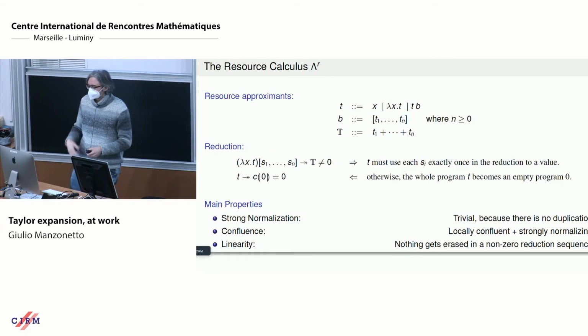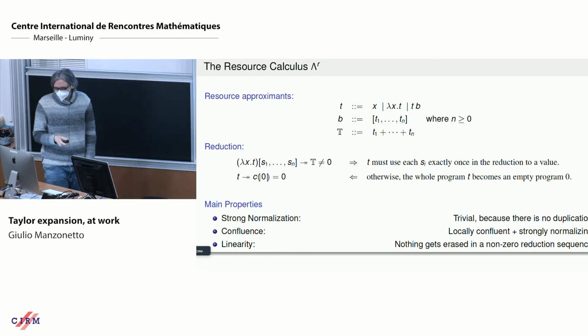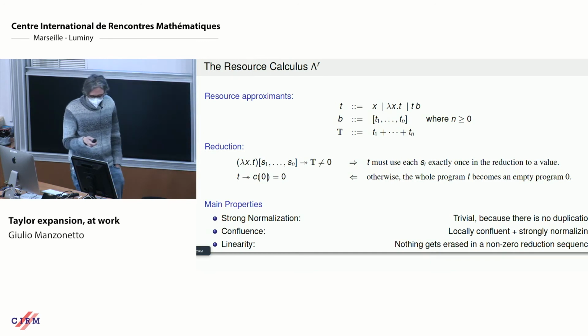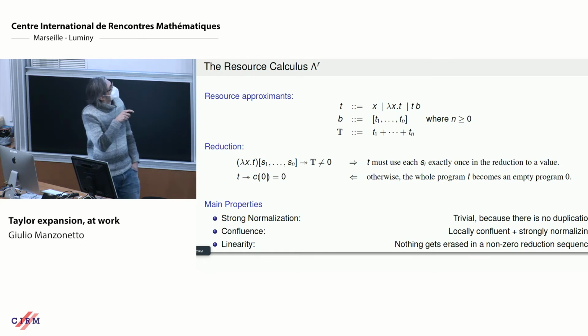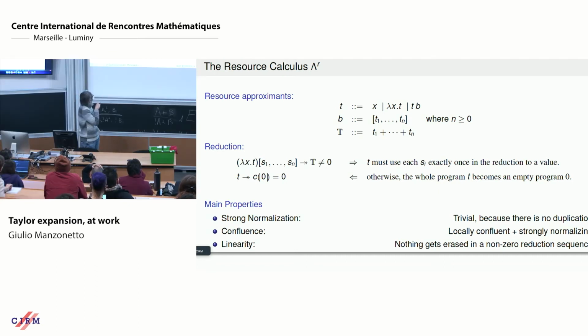Okay, I don't expect you to become familiar with the calculus right now, but I'm asking you to remember its basic properties, namely that if you have a reduction that goes to a non-zero term, then it means that the t here, the lambda x dot t, must use each of the si's in the bag exactly once during the reduction.